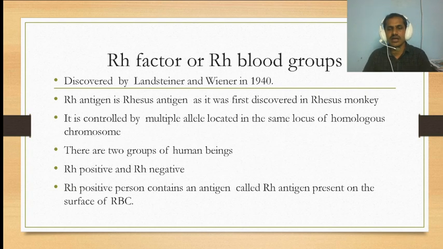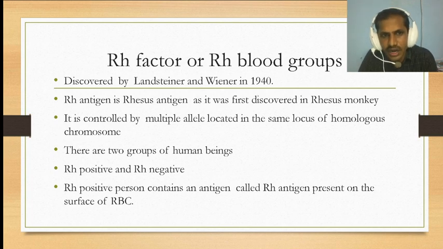Next is the RH factor, or RH blood groups. This factor was discovered by Landsteiner and Weiner in the year 1940. RH is a Rhesus antigen, as it was discovered in the Rhesus monkey.